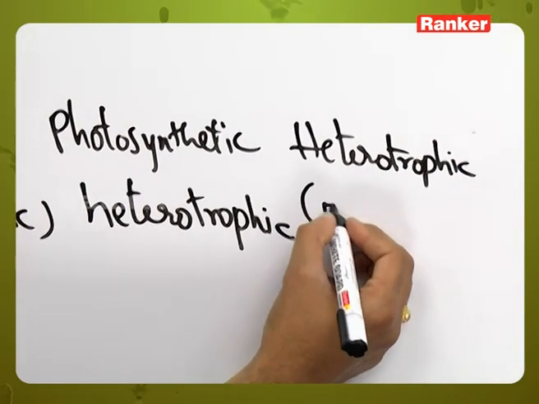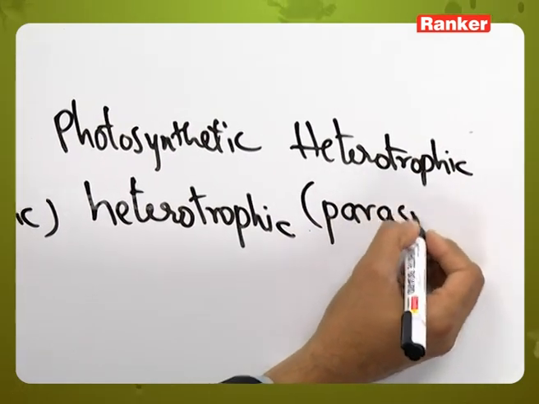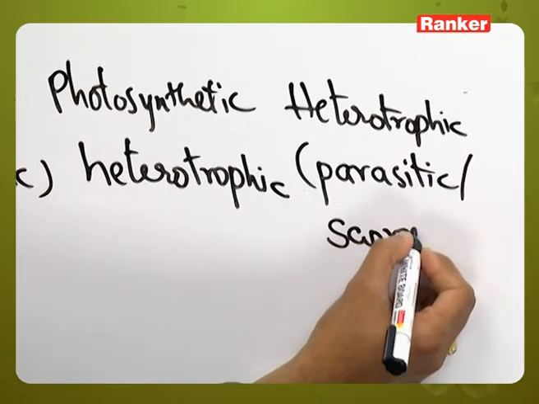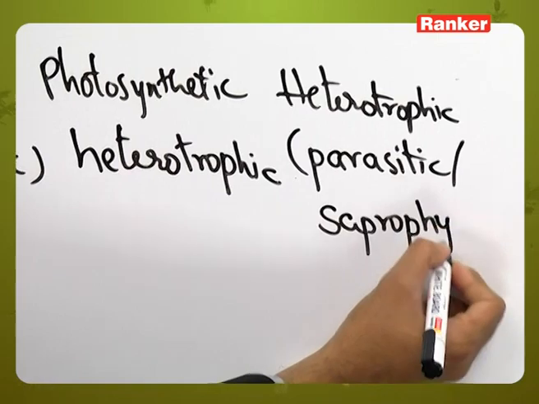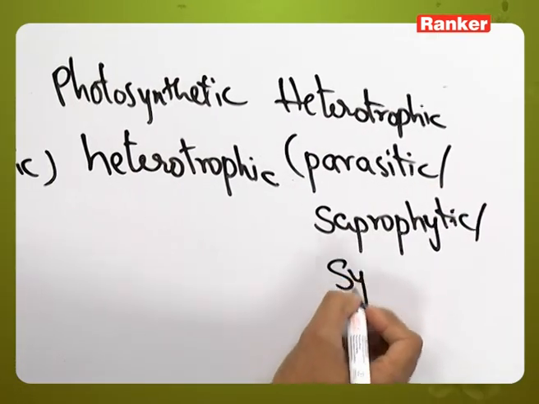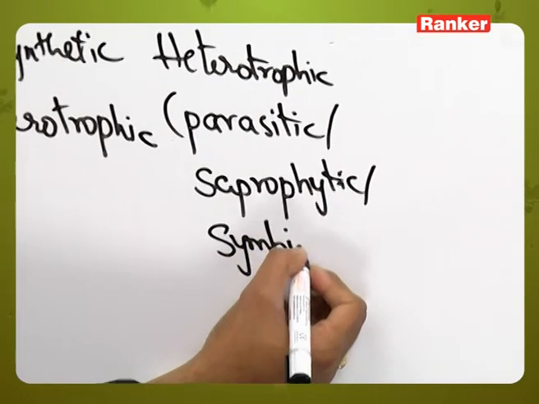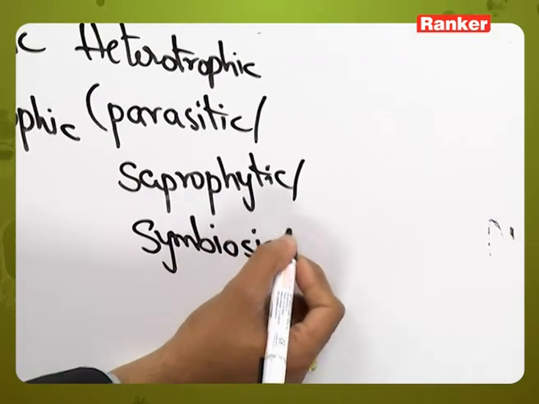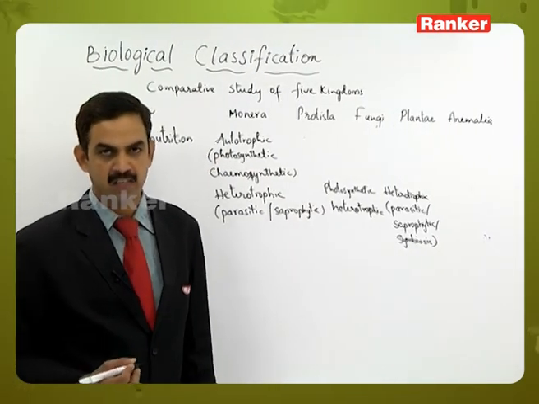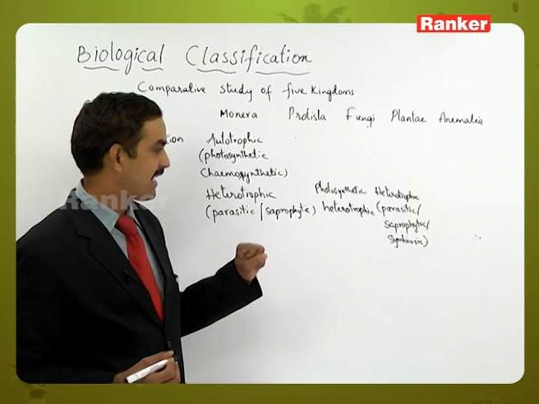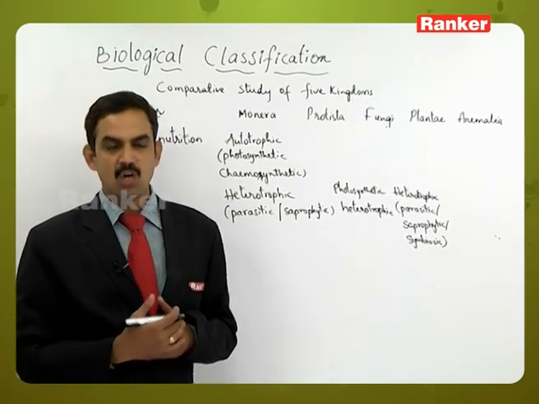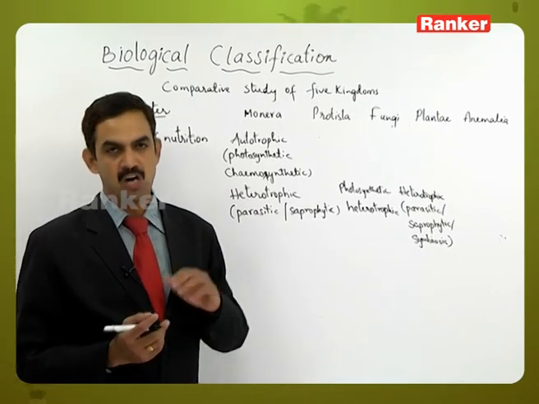They may survive on a living host, that is parasitic, or sometimes on dead and decaying material, that is saprophytic. At the same time, some fungi exist as symbionts, that is a mutually beneficial association between two different types of living organisms. In the symbiotic method of nutrition, the dependent does not cause any harm to the host organism.